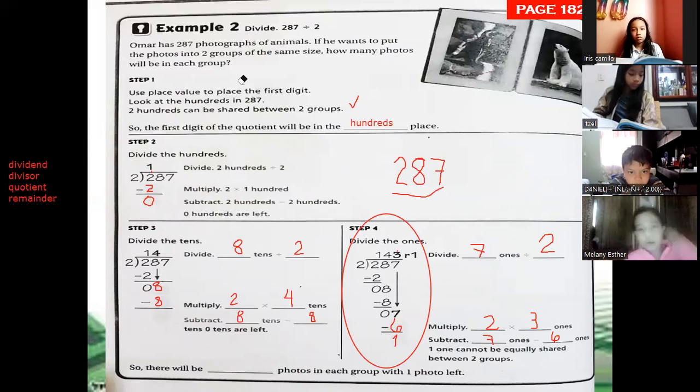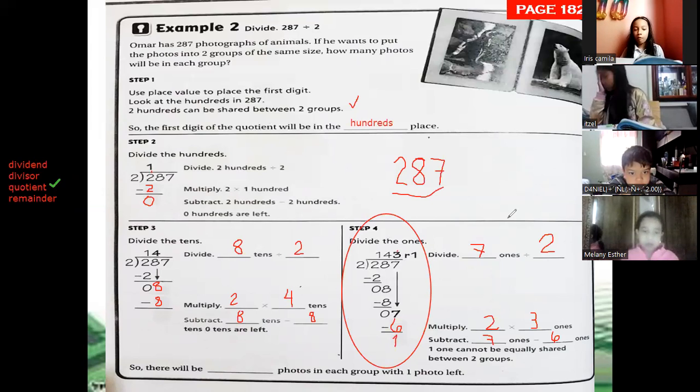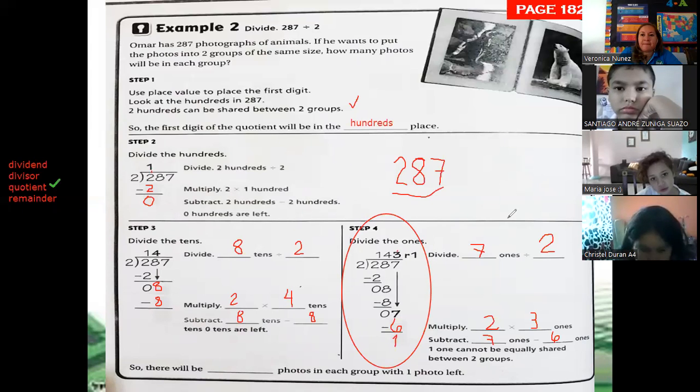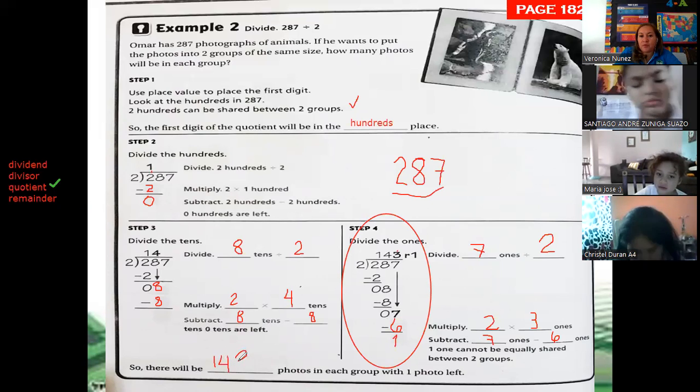The quotient. And what is the quotient in here? 143. Yes, 143 photos will be in each group with 1 photo left, which is this leftover.